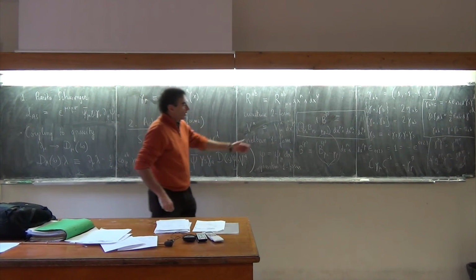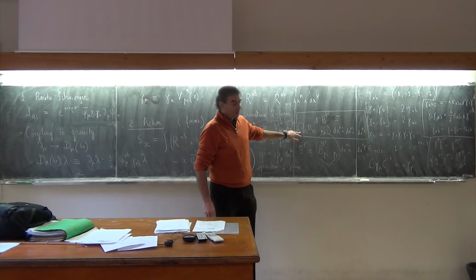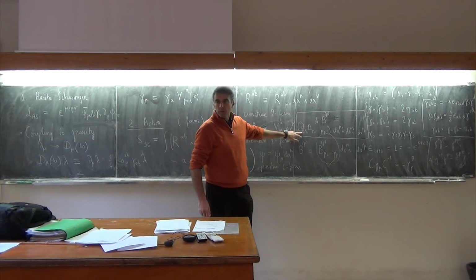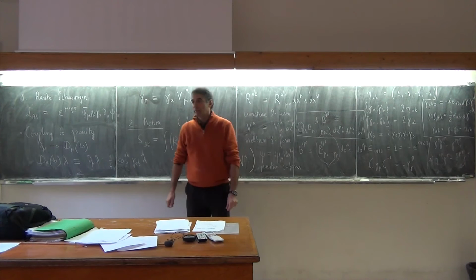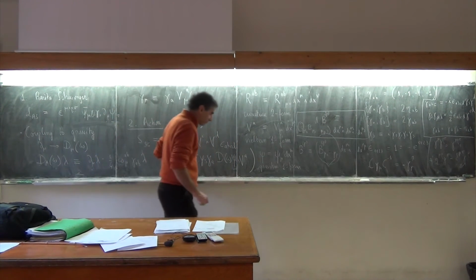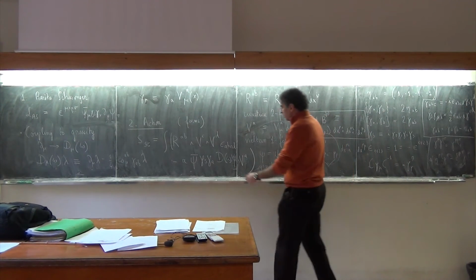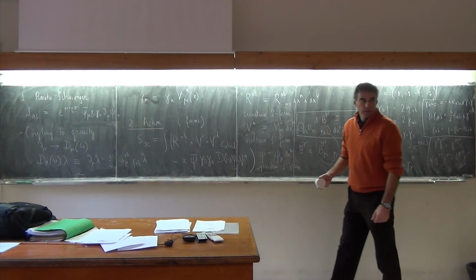So if you wish, the exterior derivative of a P form, in components, is nothing else than the curl of the antisymmetric tensor. Okay, that was just a quick reminder of what I understand by exterior derivative.